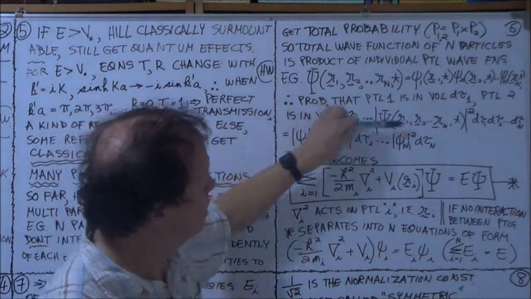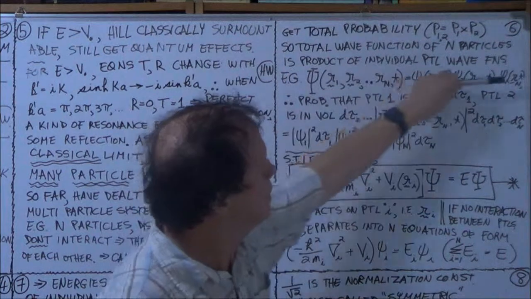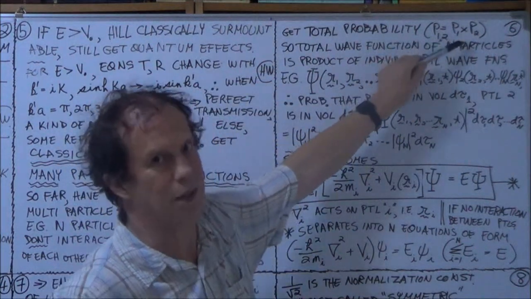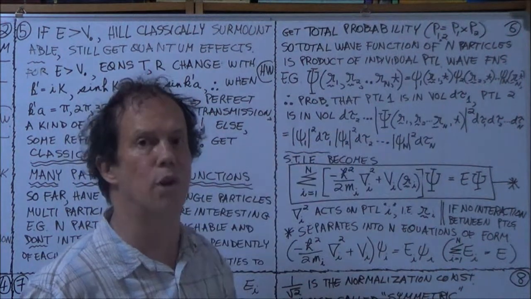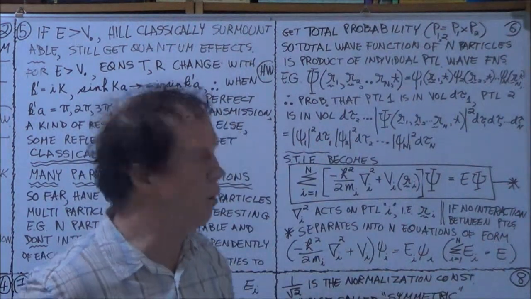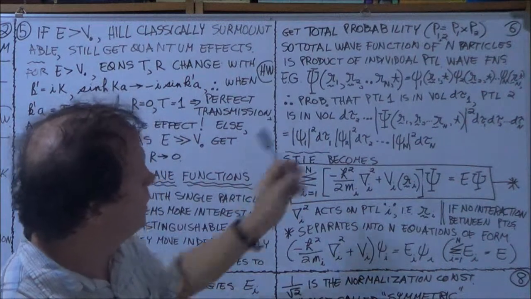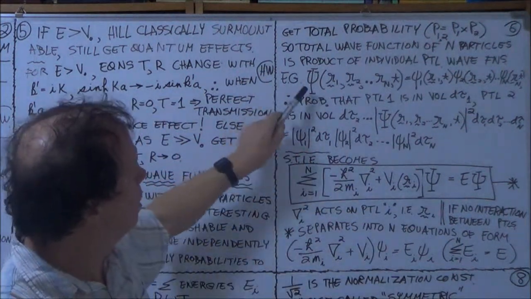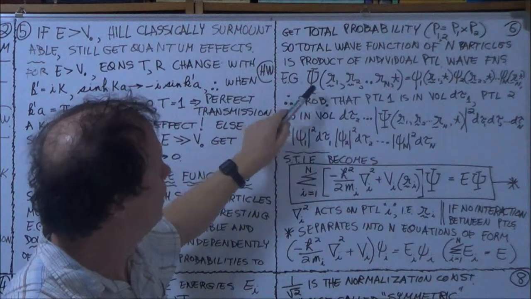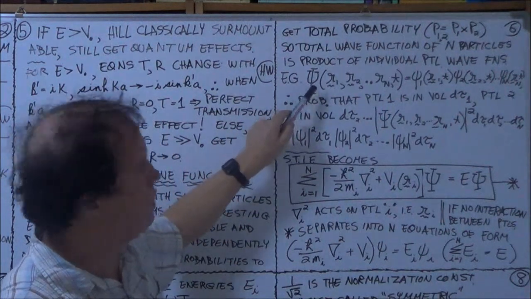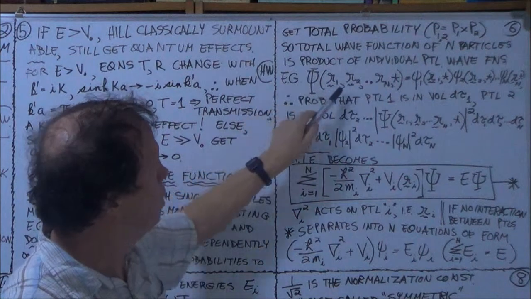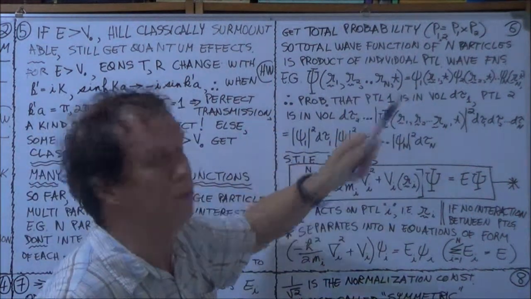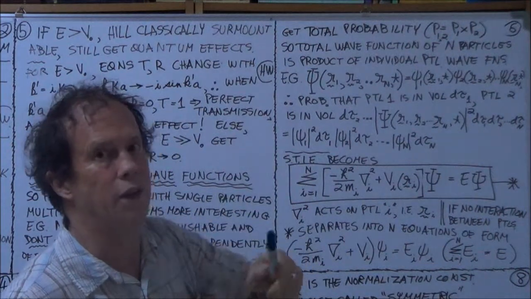This makes sense because it fits with our classical intuition that you multiply independent probabilities. So we have a model now for what the psi function is for a multi-particle system, in the case of independence, the particles not interacting with each other.